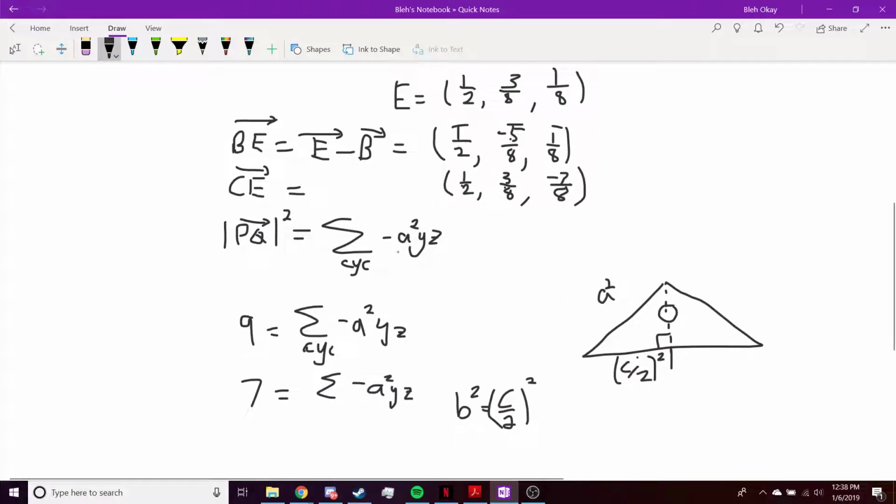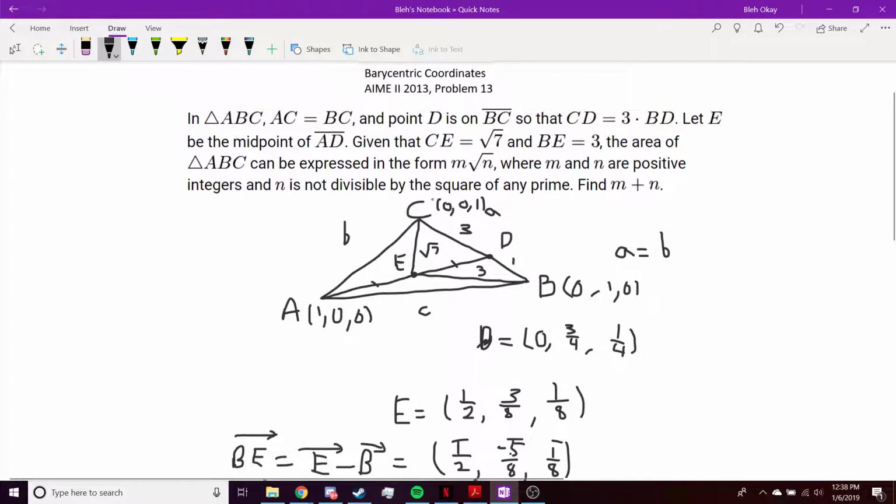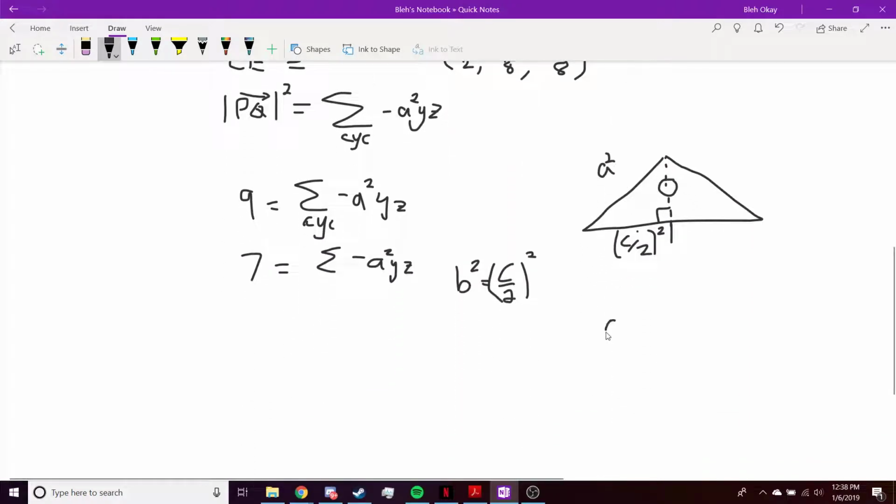And I'm going to spare all the algebra, but what you'll get is that a is equal to 4, and b is equal to the square root of 7. In other words, the height of the isosceles triangle will be 3, and so the area of the triangle will be 3 times the square root of 7.